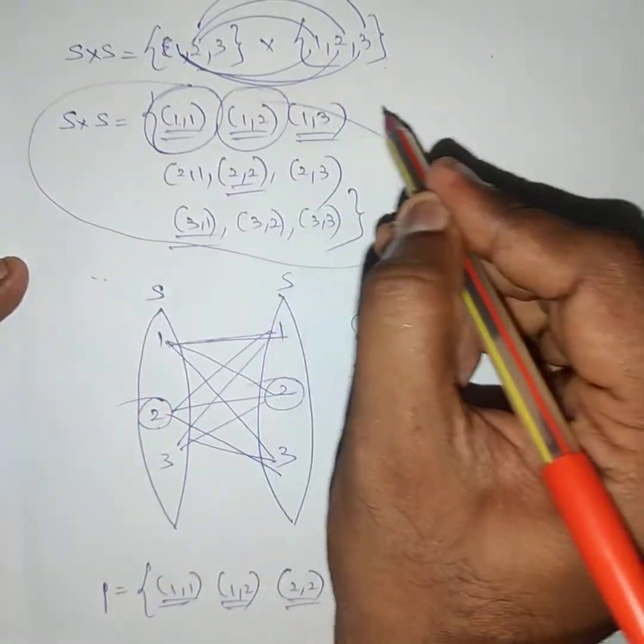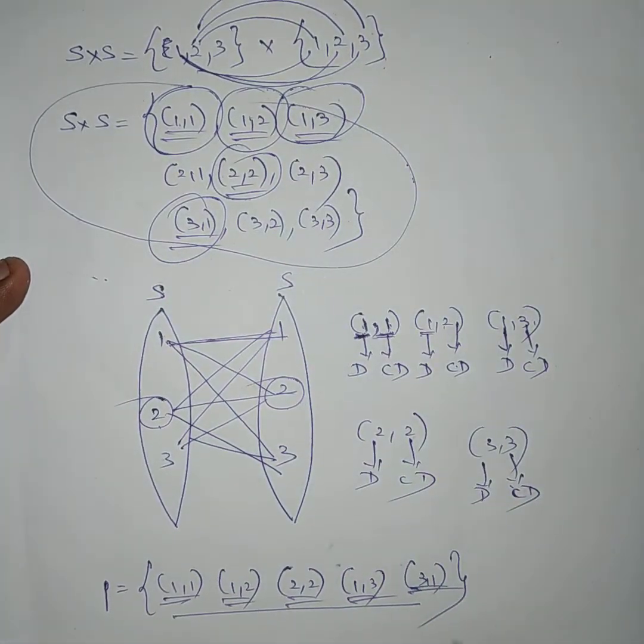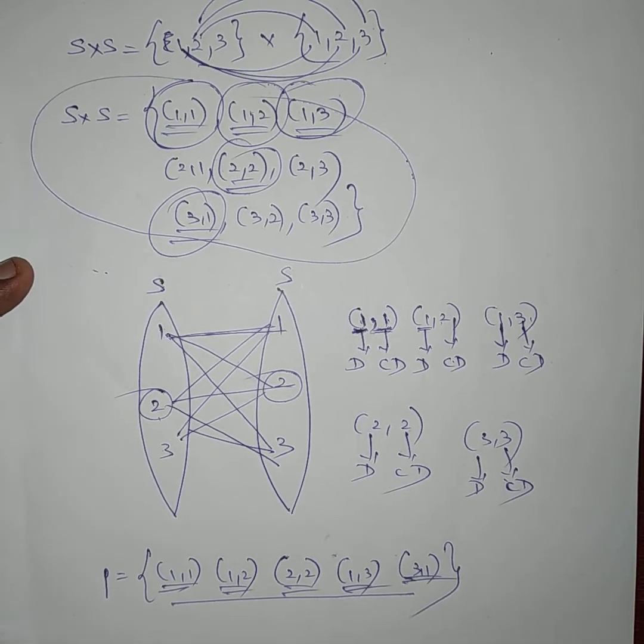So they have taken only 5 ordered pairs, only 5 elements, that's all.